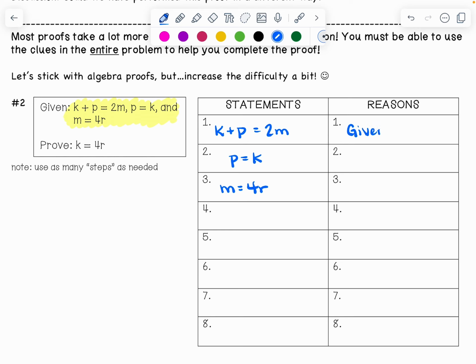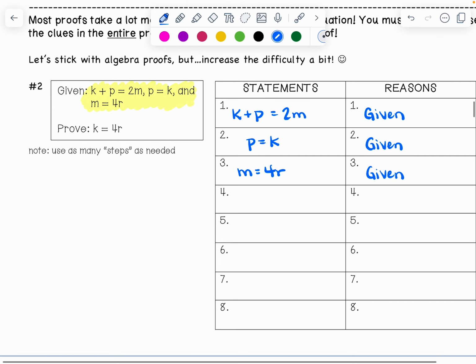That's totally personal preference. As we do more proofs in class, you will decide how you prefer to use and write your givens. I'm just going to write them all up front. So we've got k plus p equals 2m, and p equals k, and m equals 4r.